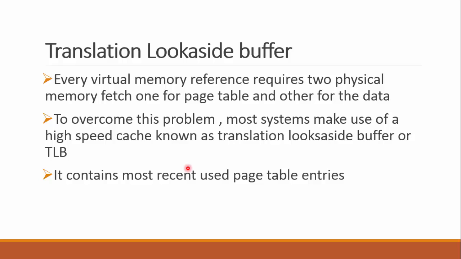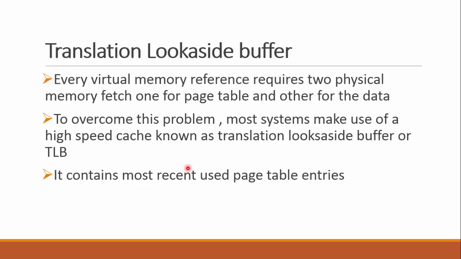The next one is the translation lookaside buffer. As we know, for every virtual memory reference there are two memory fetches. One is to get the page table entry and the other to get the required data. So a lot of time is wasted in this, and we try to improve it.